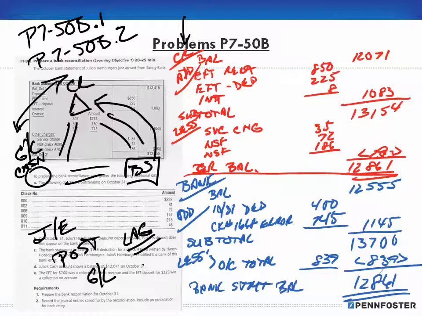But in our check register, we're keeping track of our cash immediately. If I write a check, I write it into the check register, and I know exactly what my cash balance is. I make a deposit, I write it in the check register, I know exactly what my cash balance is.